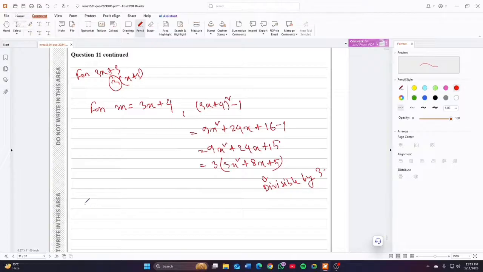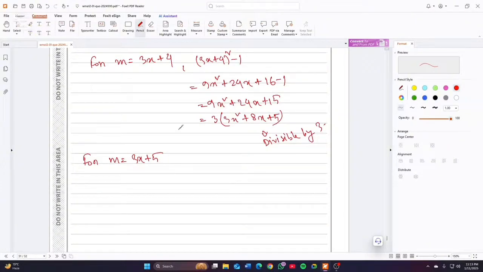We will do one last time. For m equals 3x plus 5, 3x plus 5 whole squared minus 1 gives us 9x squared plus 30x plus 25 minus 1, which is 9x squared plus 30x plus 24.